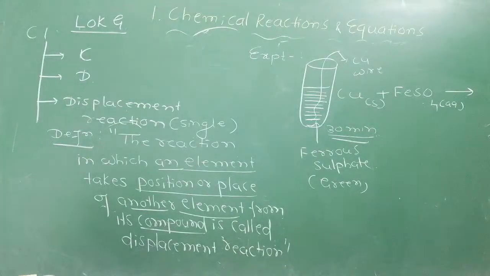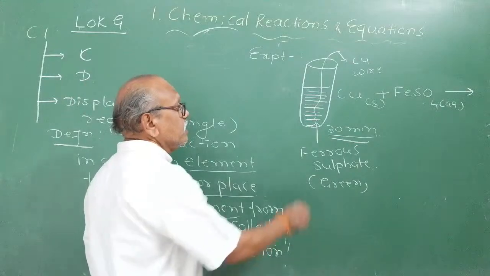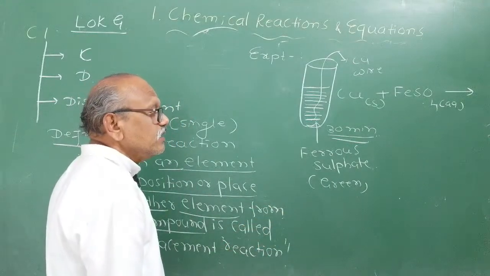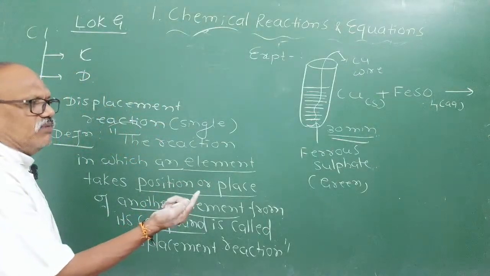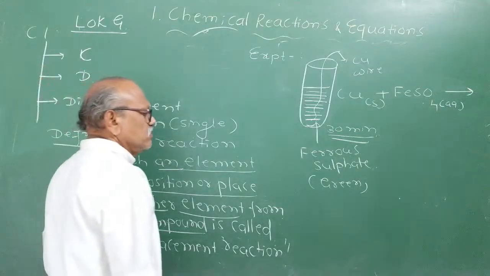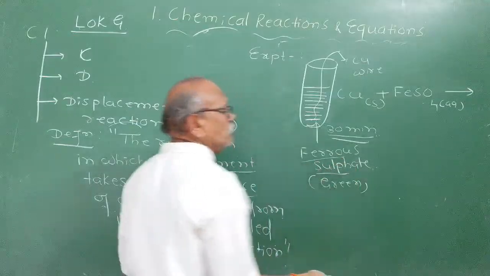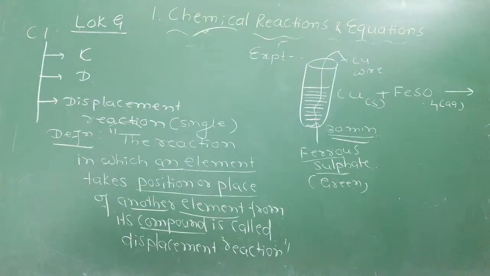Reddish brown color? A normal iron nail will have the grey color. Reddish brown will be ferric ions. Reddish brown.